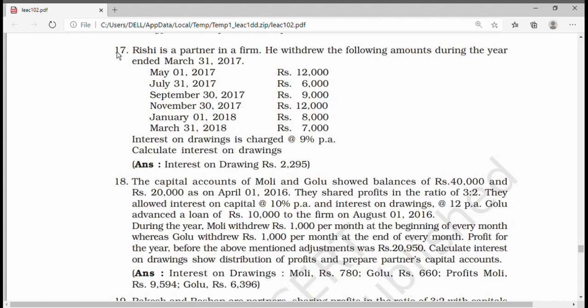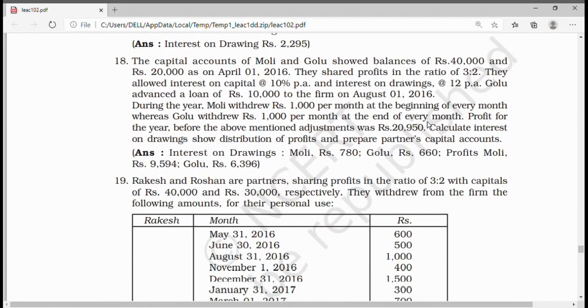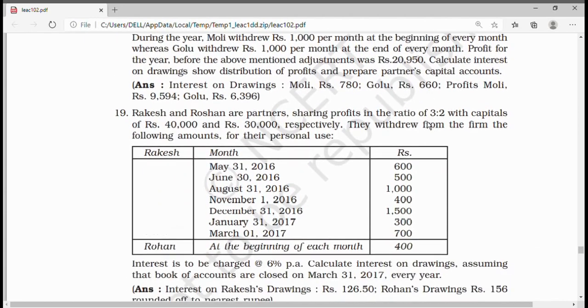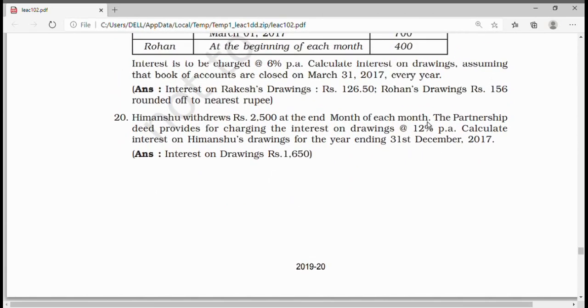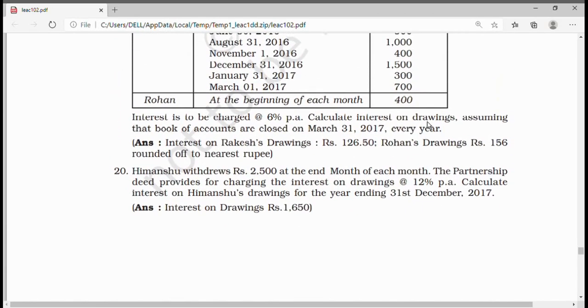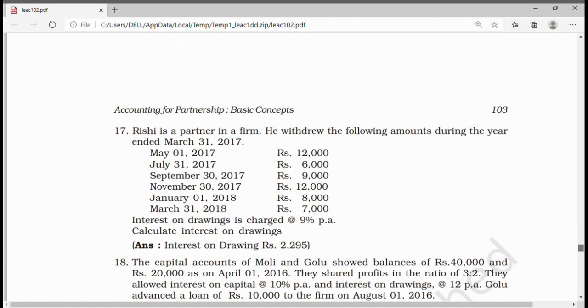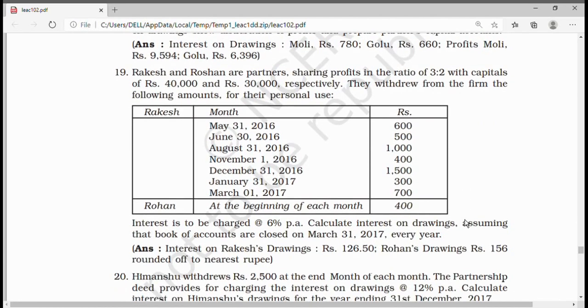So these two questions you have to solve just now and submit them. And after that, you have to solve question number 19 and 20.